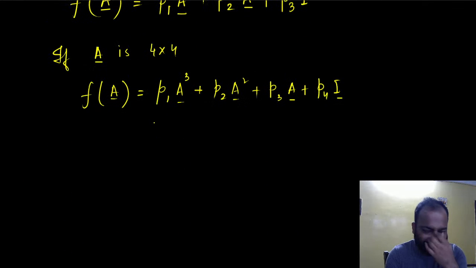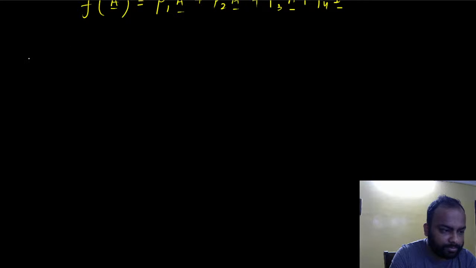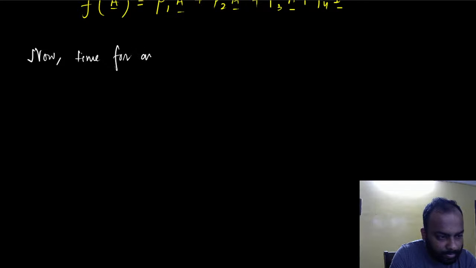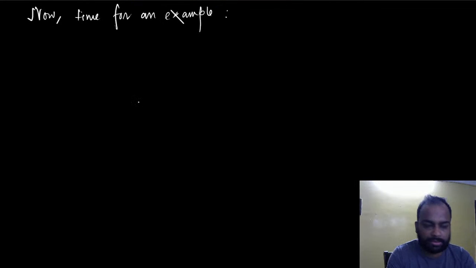Okay, so we have discussed e to the power At. We haven't yet discussed the underlying concepts behind e to the power At, how that actually works. But let's solve a problem now. Time for an example, right? So let's take a system.